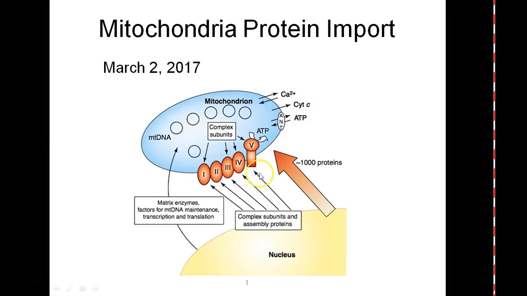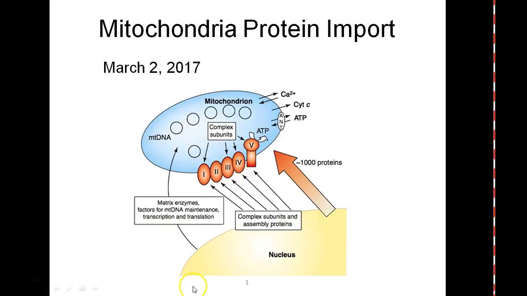I wanted to show you this diagram at the beginning of the lecture and highlight this thick orange arrow, which goes in one direction from the nucleus into the mitochondria. This shows that as many as 1,000 different nuclear-encoded proteins have to be successfully imported into this organelle in order to build it, maintain its proper structure and function, and ensure that it works properly in our cells.